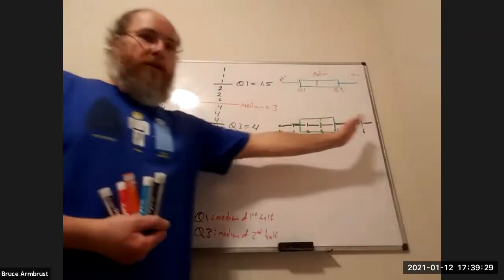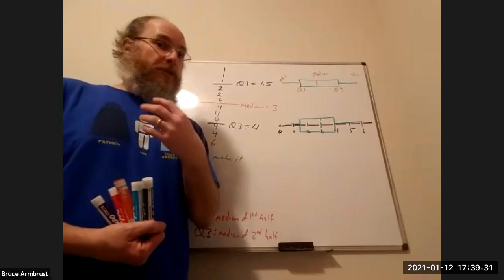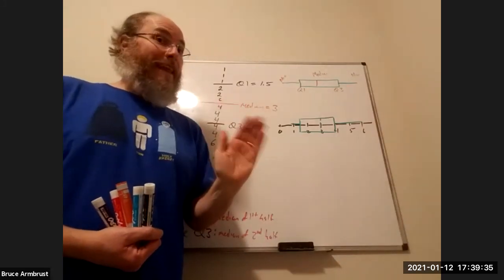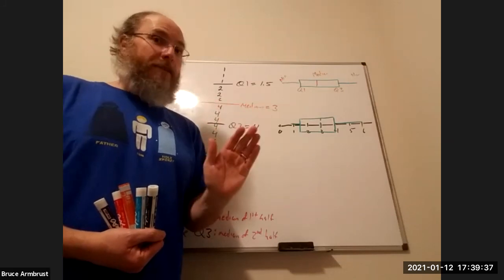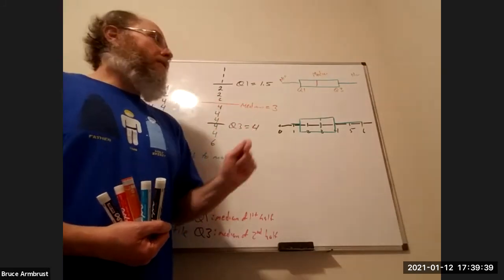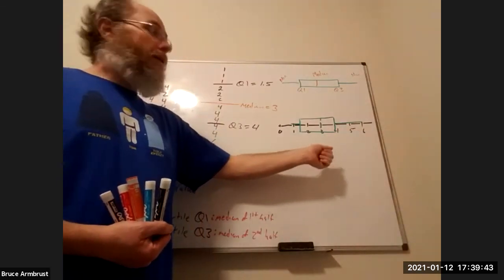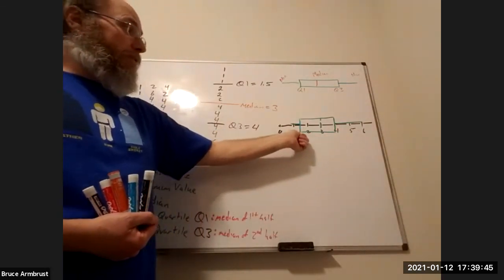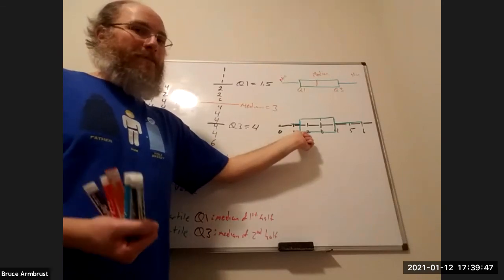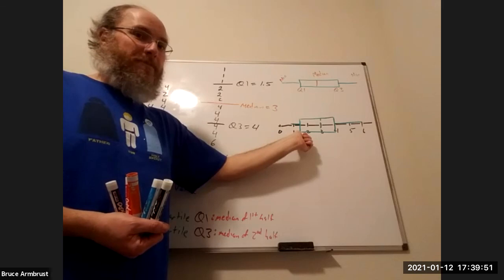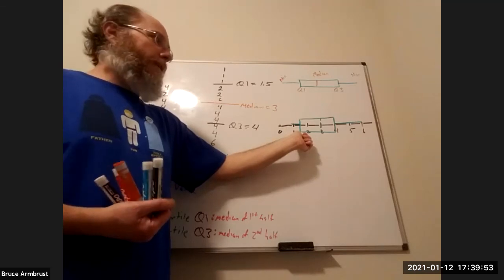That would give us a really long whisker, which me looking at this would go, whoa, that's weird. We got some issues going on, right? So the whisker lengths will tell you something, right? Like this one, the fact that this whisker is really small means that my minimum value is not rare at all, right? It's not really a rare number.